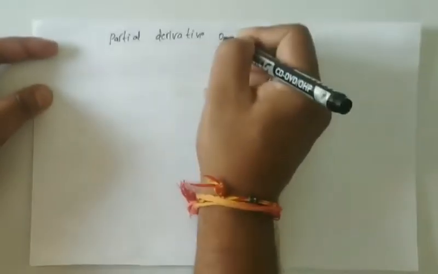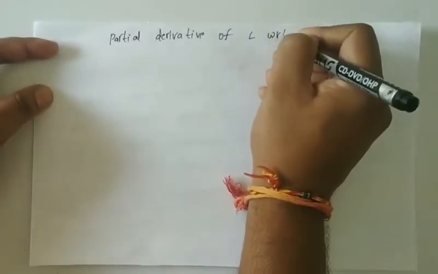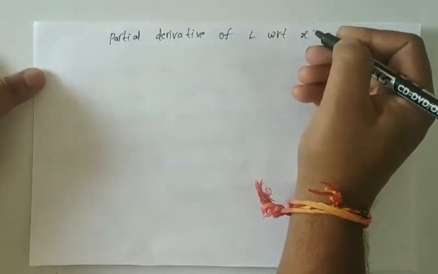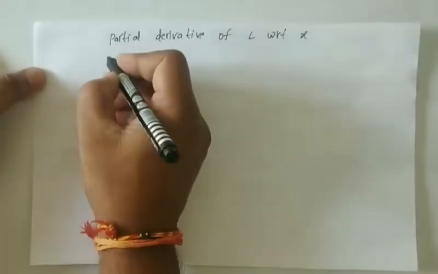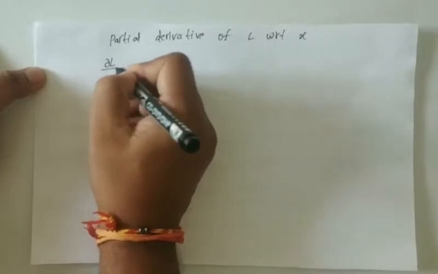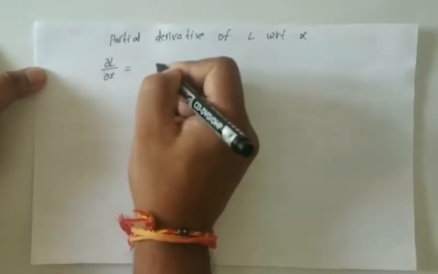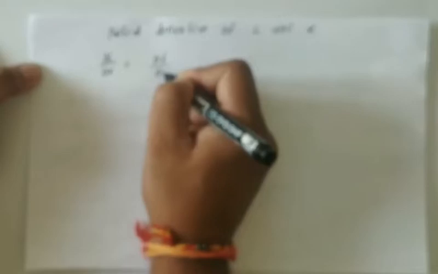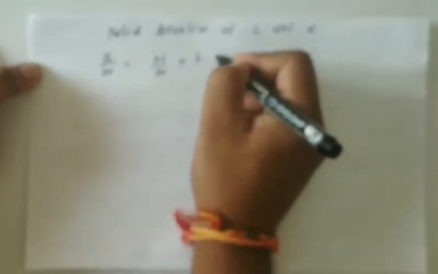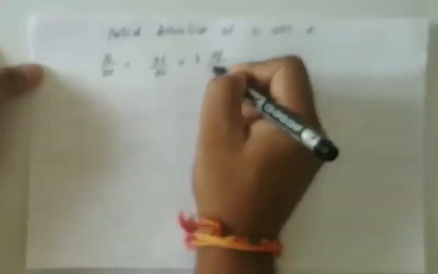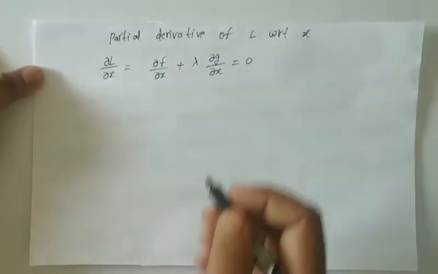Partial derivative of L with respect to x: dou L by dou x is equal to dou f by dou x plus lambda into dou g by dou x is equal to 0.